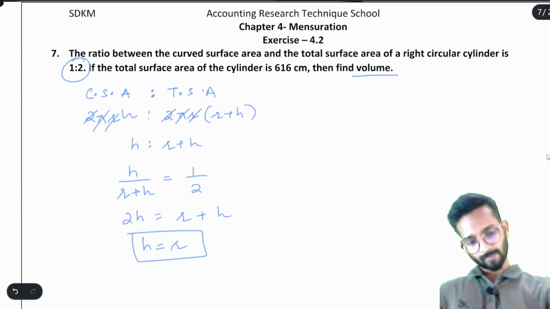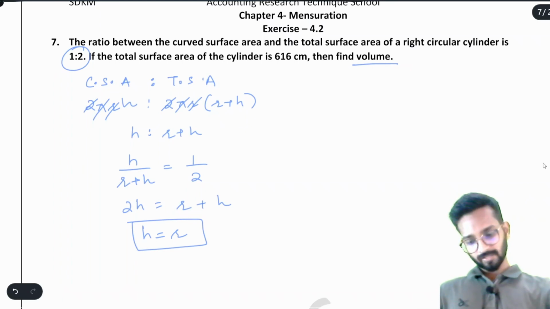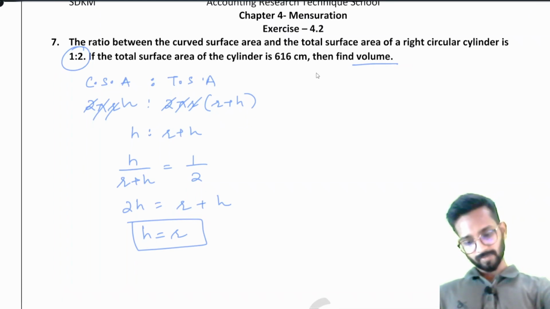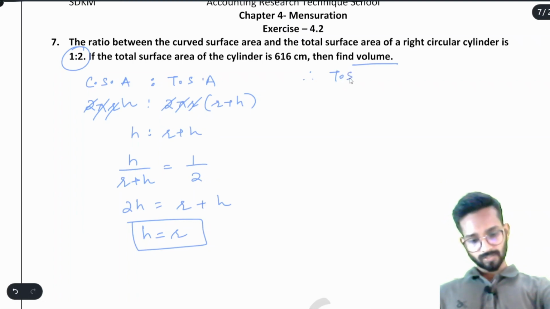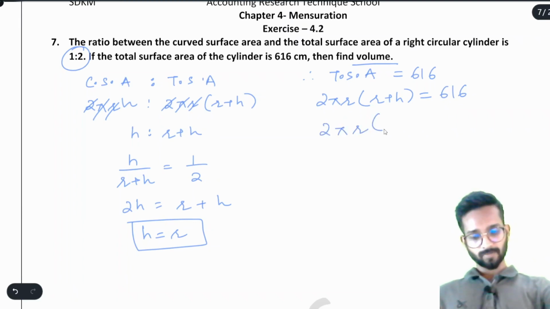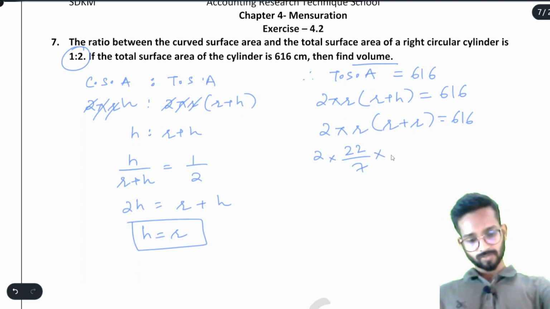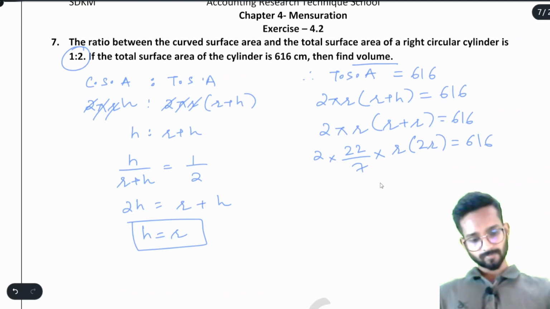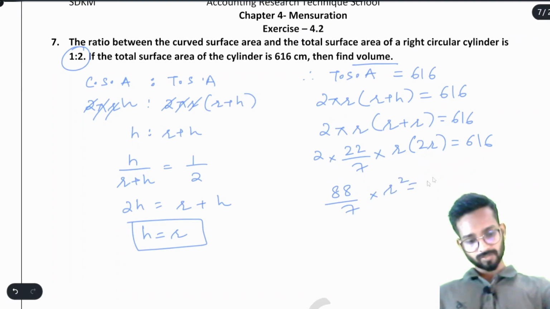Simple enough. Now when H is equal to R, we can easily find the volume. But before finding the volume, we find the values of H and R. Total surface area is given to be 616, so 2 pi R times R plus H is equal to 616. You can replace everything with R only, since H is also R. So 2 into 22/7 into R times 2R equals 616. That is 88/7 multiplied by R square equal to 616.